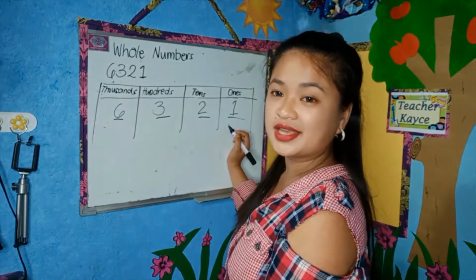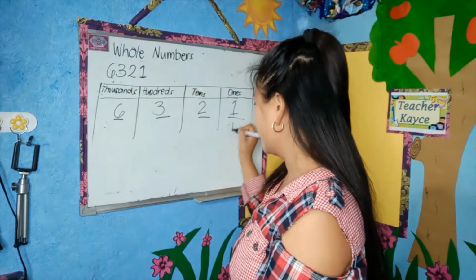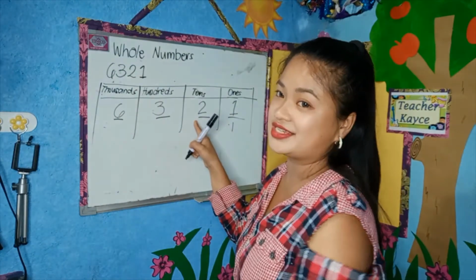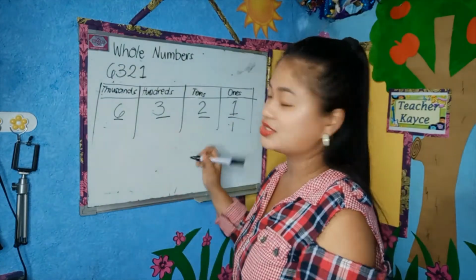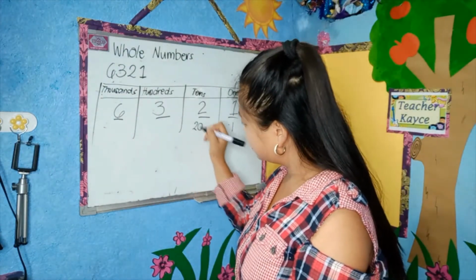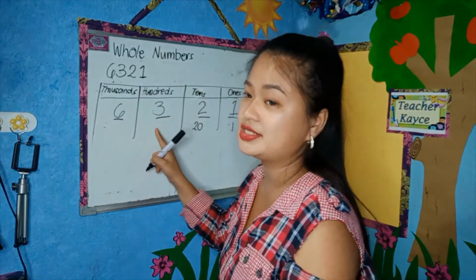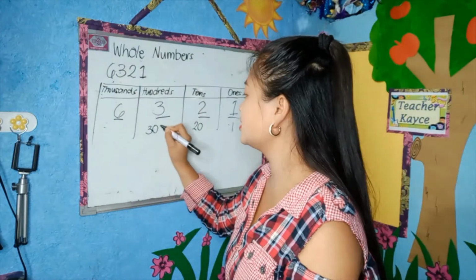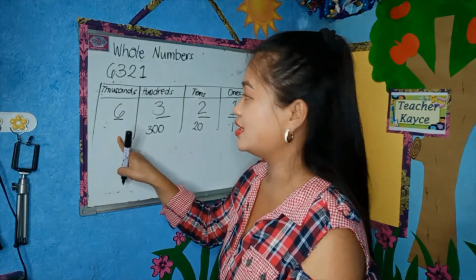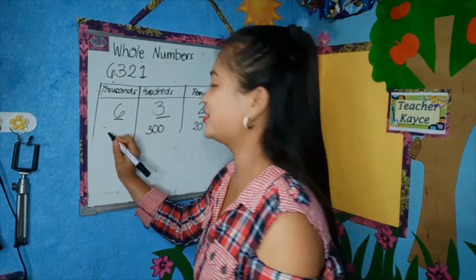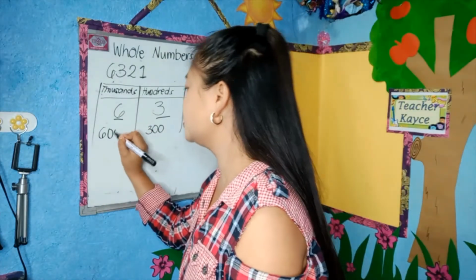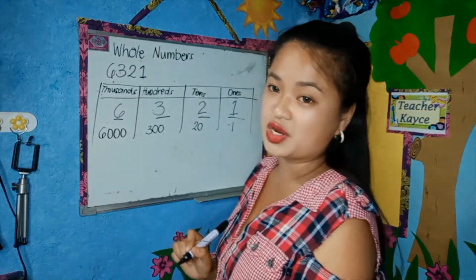For ones, it's still 1. For tens, it's 2 digits, so it's 20. For your hundreds, it's 300, of course. And for 6, it's 6,000. 6,000 has 1, 2, 3 zeros.